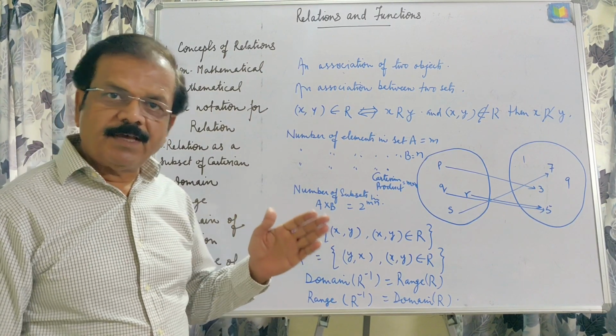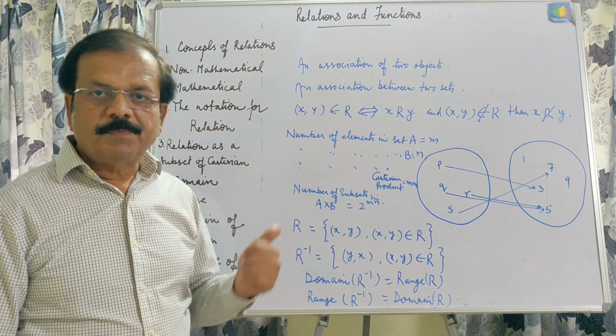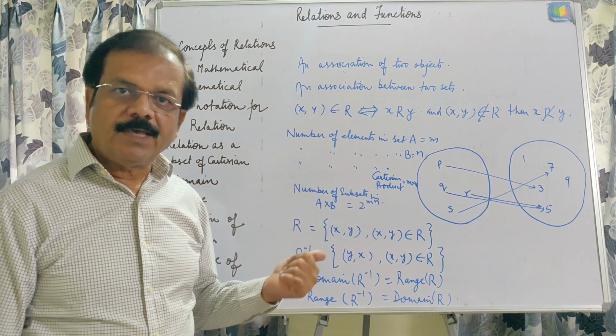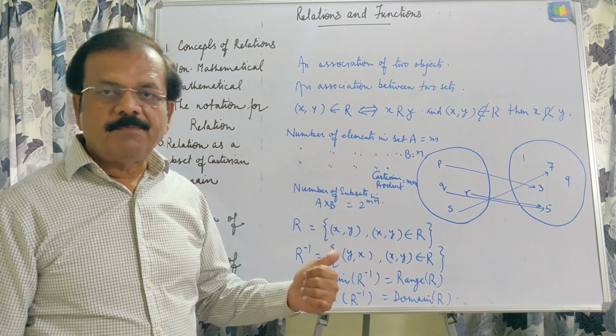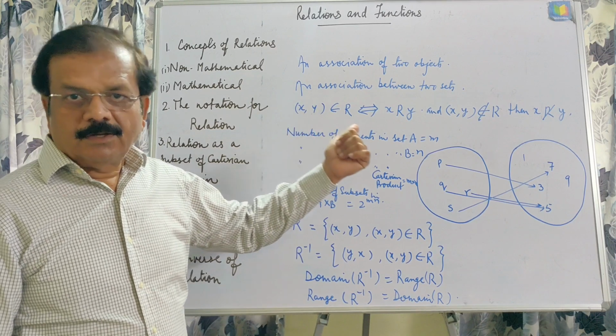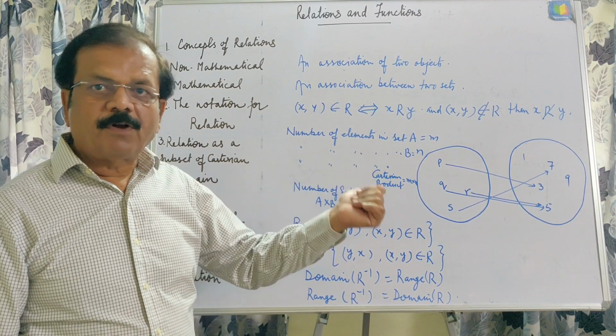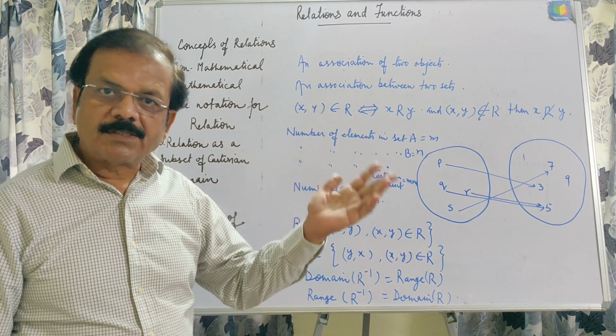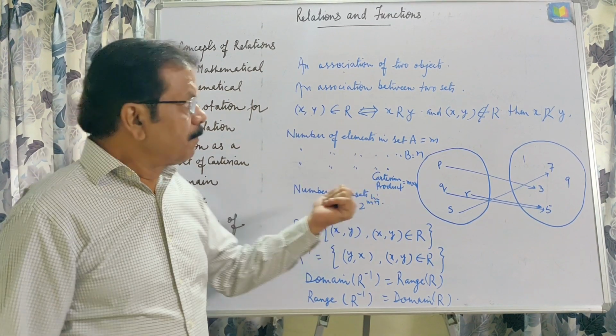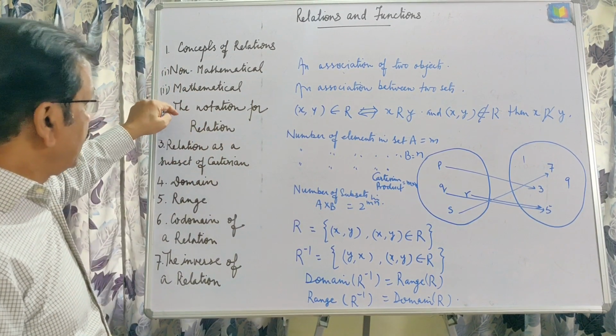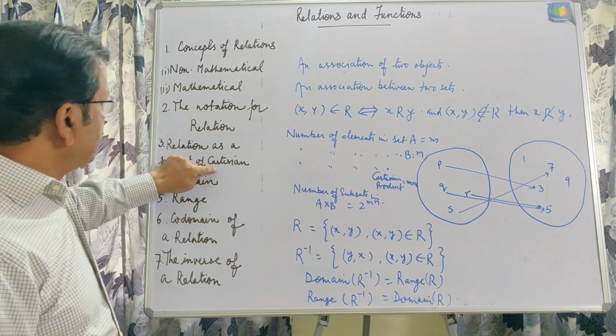If we write A cross B, that is the Cartesian product of A and B, then the first element is from set A and the second from B. In the same way, B cross A is the other way around.